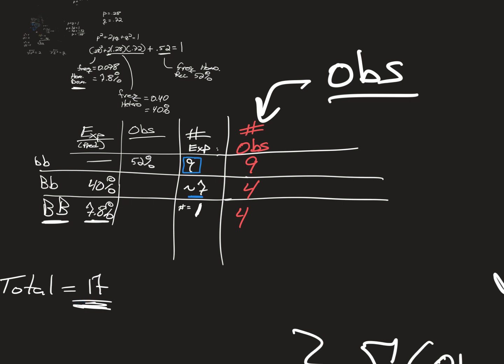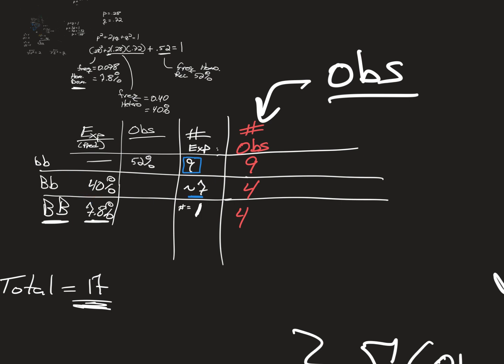Yes, I have a question. How are the percentages not adding up to 100, but they're adding up to 17? I'm rounding off. So it's a good question. These are all quickly calculated numbers.